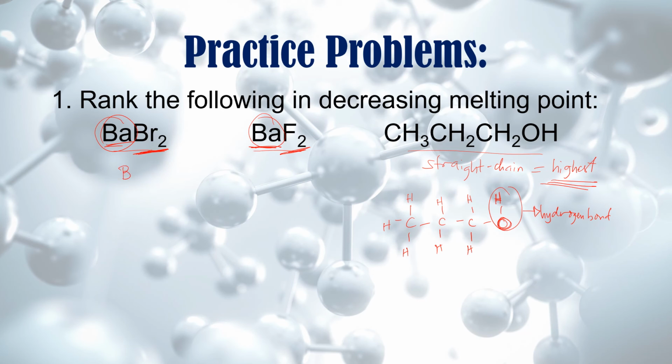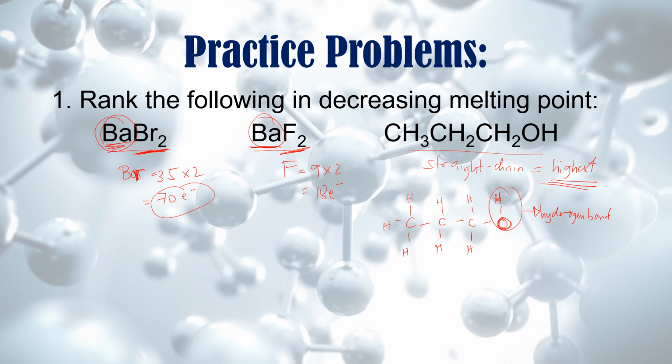Bromine has 35 electrons times 2, that would be 70 electrons, and fluorine has 9 electrons times 2, that is 18 electrons. We have mentioned a while back that the greater the number of electrons, the higher the boiling or melting point. So between BaBr2 and BaF2, BaBr2 has a greater melting point.